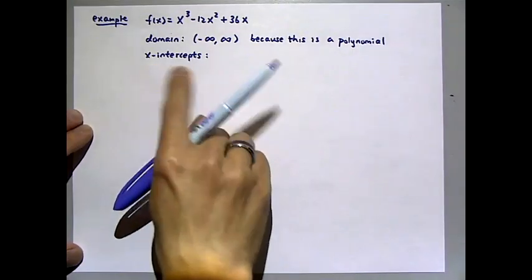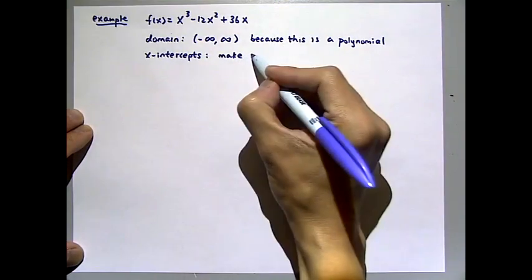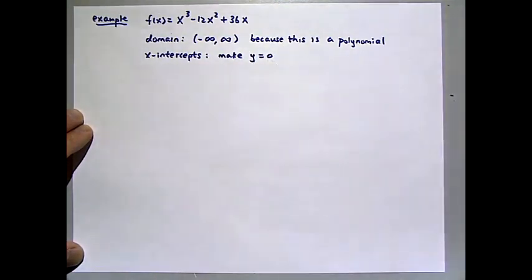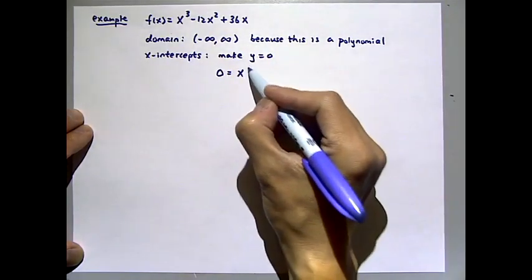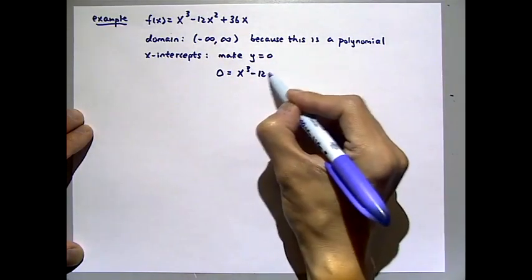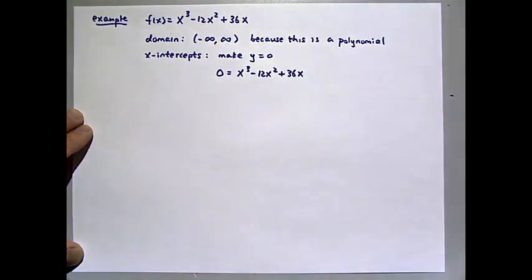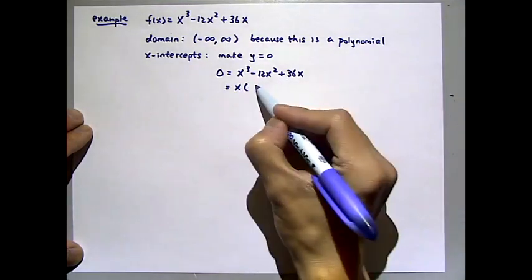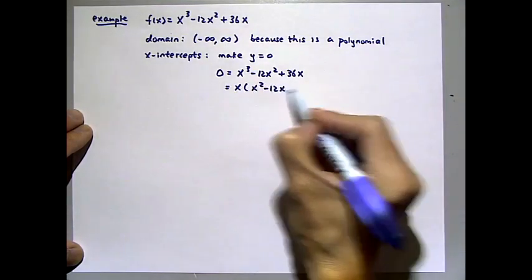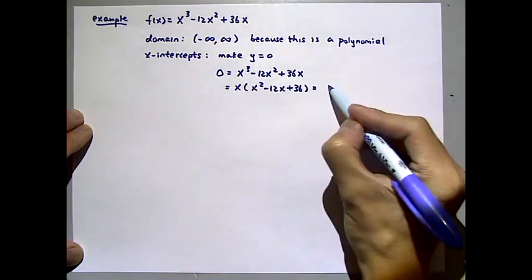To find x-intercept, we make y equal to 0, right? So you take your equation, 0 is equal to x cubed minus 12x squared plus 36x. Take an x out, and then you got a quadratic, which you can further factor.